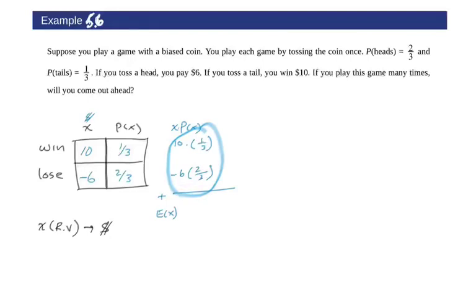And you can plug that in directly into your calculator. 10 times 1/3 minus 6 times 2/3. And it should spit it out for you. And you should get about -2/3, which is roughly about -$0.67, so about 67 cents.